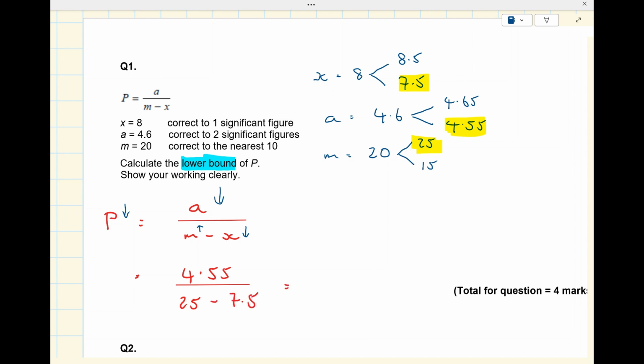And I'm going to put that into my calculator. Now I'm hoping I'm going to end up with a terminating decimal because the question doesn't ask me to give my answer to any particular degree of accuracy. And I do. I get 0.26. And so there is question 1, and you can see the different stages of my solution.